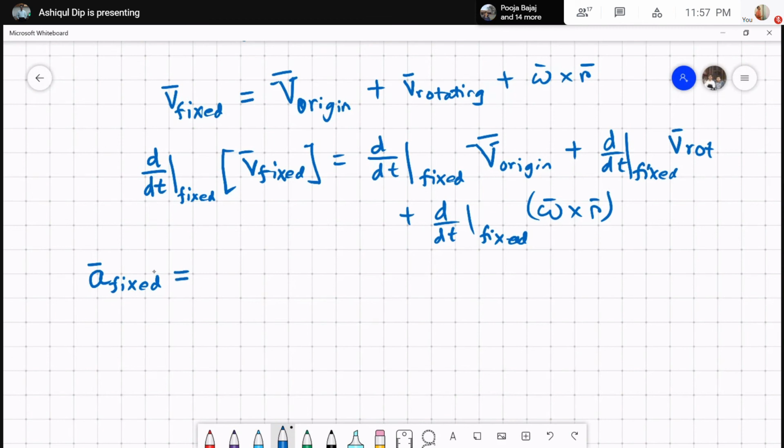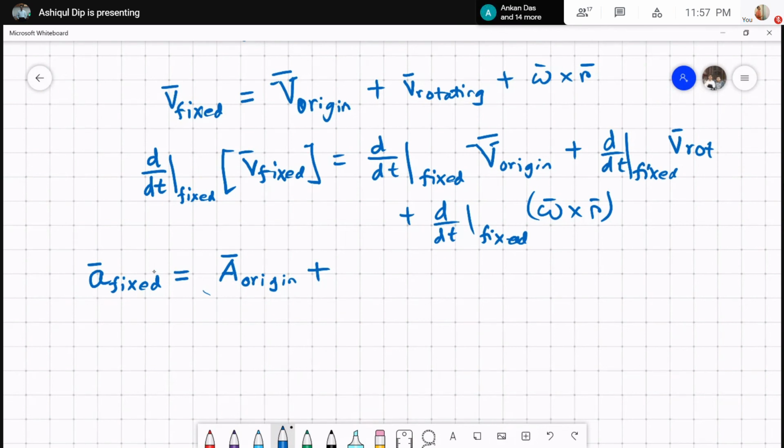It is the acceleration of the origin with respect to the fixed frame. So we call it big A. We do not need to say fixed or rotating for this term. Plus, now, d/dt fixed on V rotating.